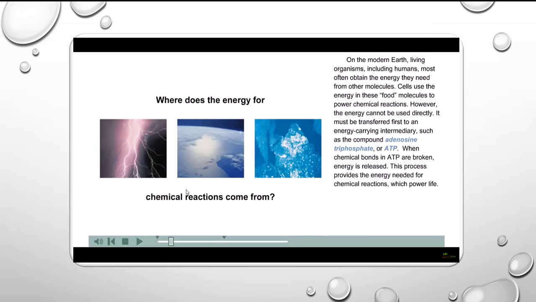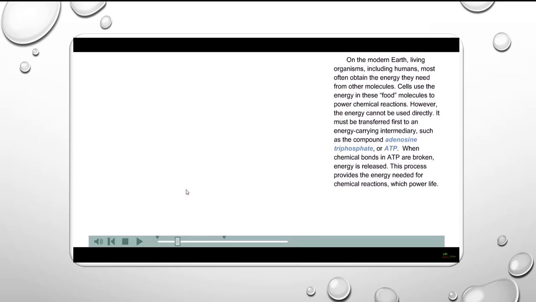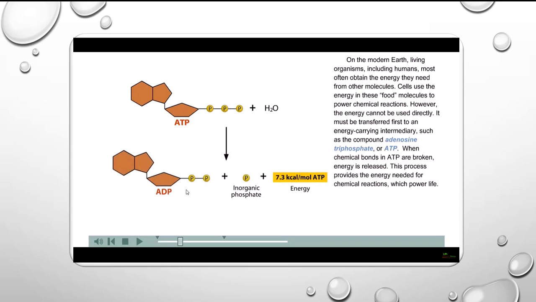Cells use the energy in these food molecules to power chemical reactions. However, the energy cannot be used directly. It must be transferred first to an energy-carrying intermediary, such as the compound adenosine triphosphate, or ATP. When chemical bonds in ATP are broken, energy is released. This process provides the energy needed for chemical reactions which power life.